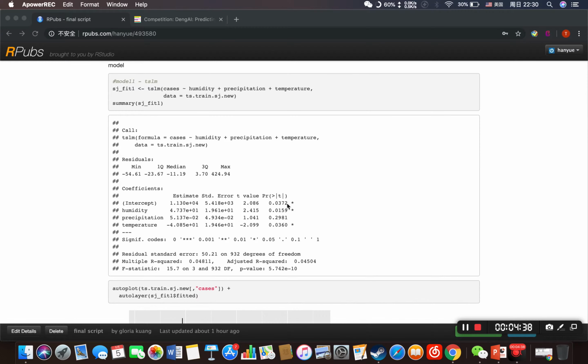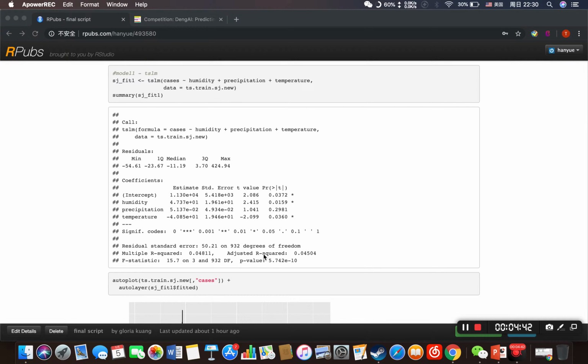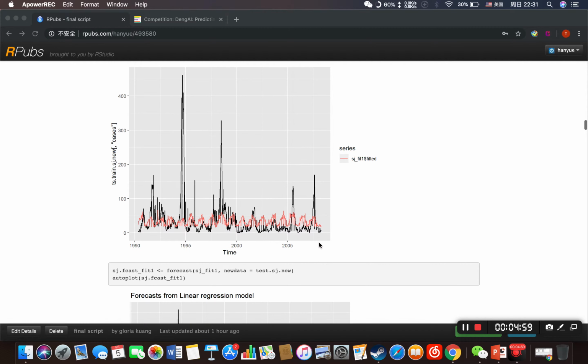We can see from this summary that the TSLM does not perform well. The adjusted R-squared is extremely low, which means that only about 4% of the data can be explained by our model, which is bad.